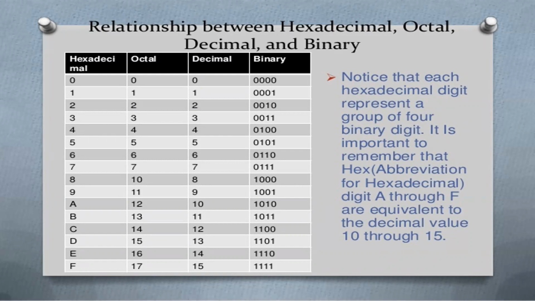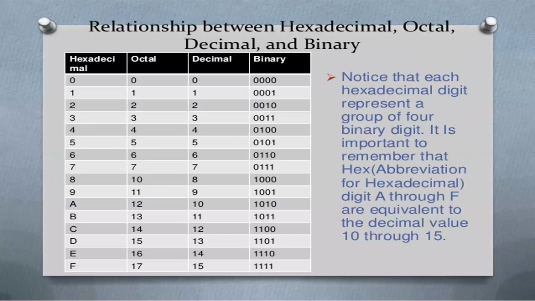This is how you're going to read out the binary numbers. Decimal 4 is 0100. Decimal 5, 0101. Decimal 6, 0110. Decimal 7, 0111.